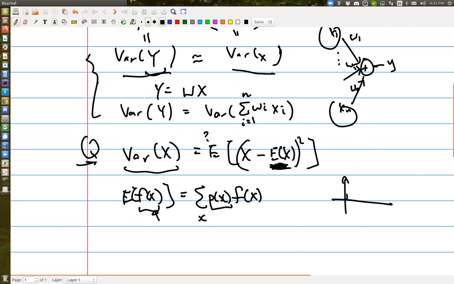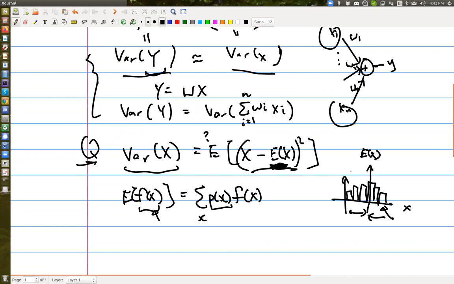Let's say this is a distribution of x here, and the mean is somewhere here. This is the expectation of x here. Now I look at each of these, how far it is from the mean, and then do a weighted sum of that, how far in terms of the square distance. I just square that, and then I take the average of that, and I get the variance.